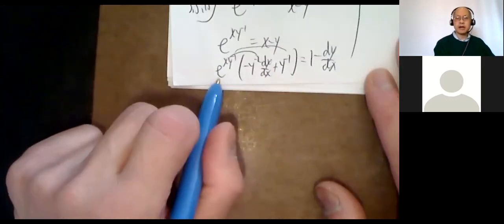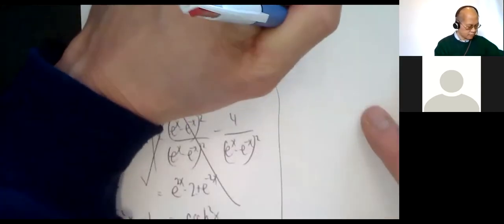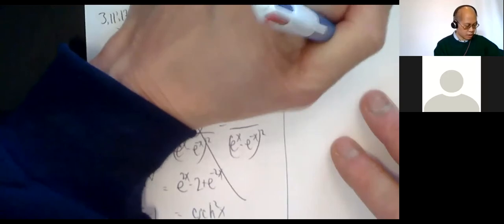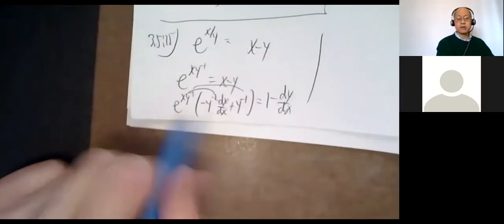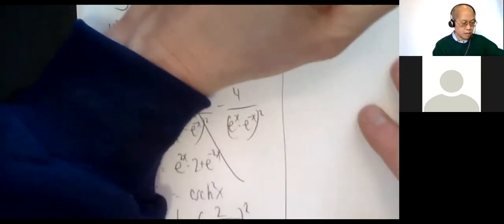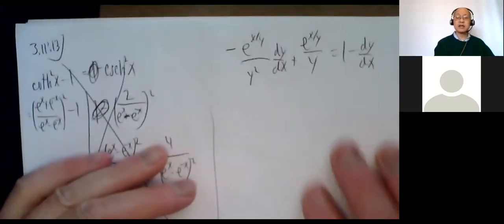Okay, distribute, and put that in a denominator. It'll be negative that thing, so negative e^(x/y) over y squared dy/dx. Distribute that. It'll be that divided by y, e^(x/y) divided by y, equals 1 minus dy/dx.